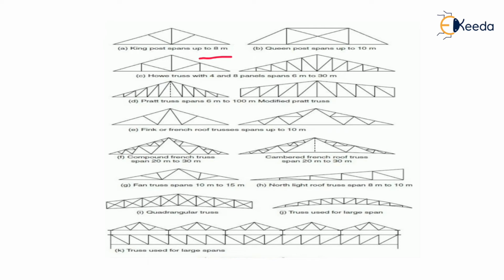Queen post is provided up to a span of 10 meter. Howe truss with 4 and 8 panels is provided for 6 meter to 30 meter span. Likewise, with respect to the span, there are different types of steel trusses.